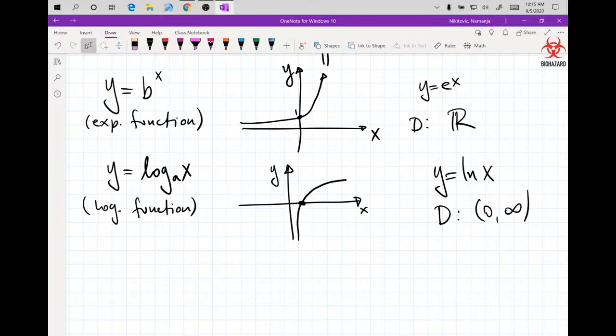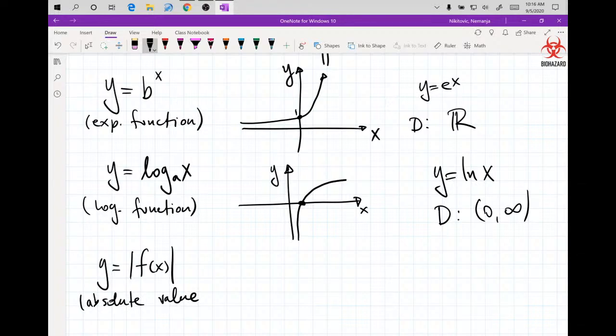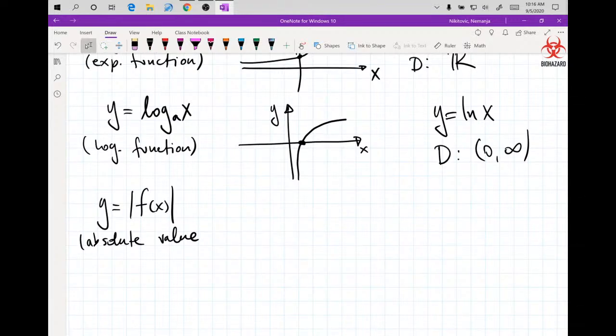One more, which I want to present, and then we are going to take a look at the shifting of the graphs, is the absolute value. So y equals absolute value of f of x. Now, you guys are used to the absolute value of x.